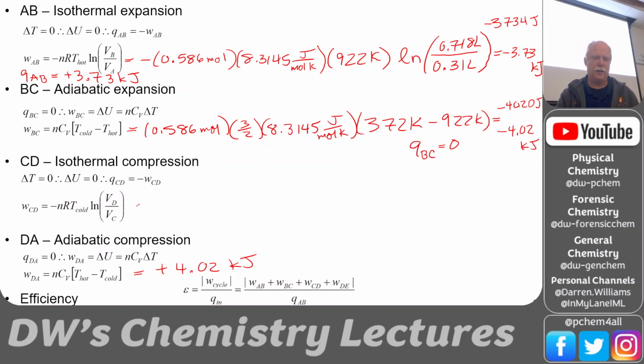And then let's do this one here. If we're running out of time here, so minus 0.586 moles, 8.3145 joules per mole Kelvin. Now we have the T cold, so 373 or 372 Kelvin.